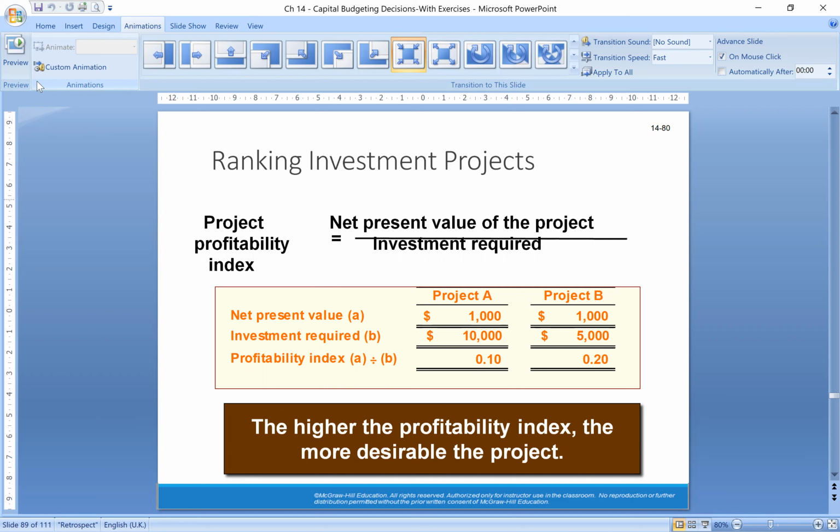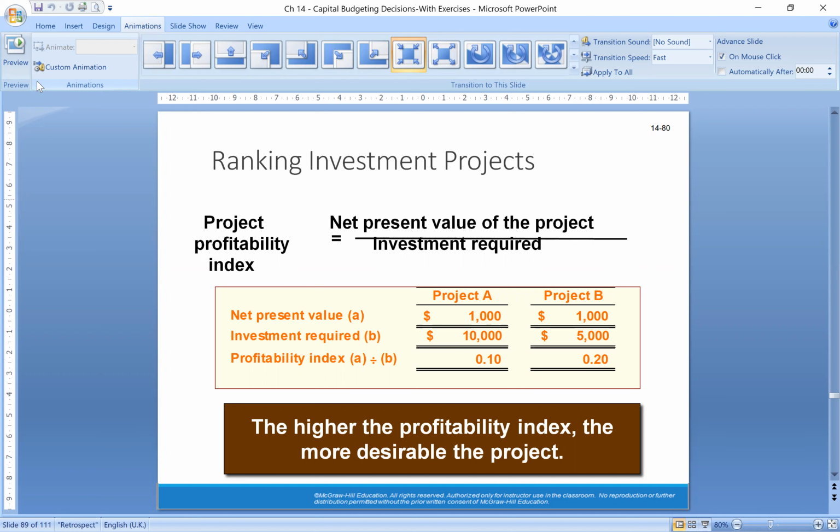We have to use something else called the profitability index. Profitability index is equal to the net present value of the project divided by the investment required.